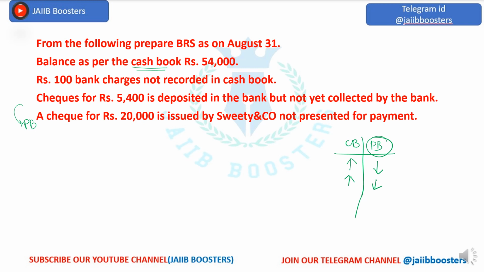Next statement is, a check for 20,000 is issued by Squeegee and Company and not presented for the payment. Here, a check of 20,000 issued by Squeegee and Company is not presented for the payment. In the passbook, here the check has been issued, so according to the bank the amount will be high in the passbook, but it hasn't been presented for the payment.